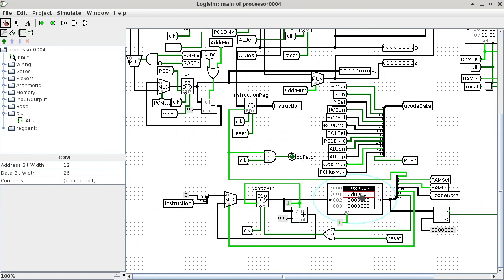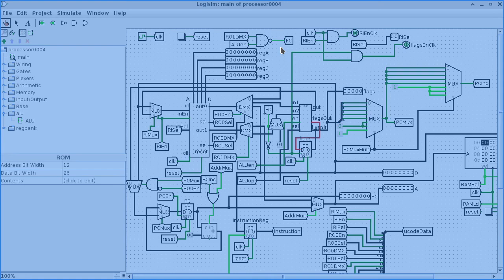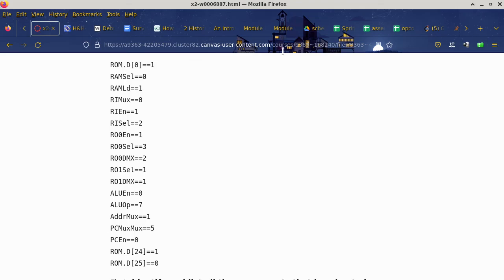Sometimes I call it a slice because it's a slice of time. All right, but the diagram in Logisim is not going to be as helpful. In fact, it can be distracting because we see all the dark green or the light green and stuff like that, which is not reflecting what the question is asking. So it helps to make a different diagram, just black and white without all those highlights.